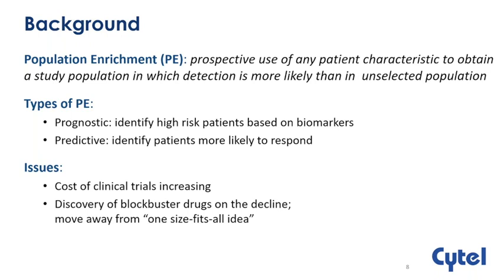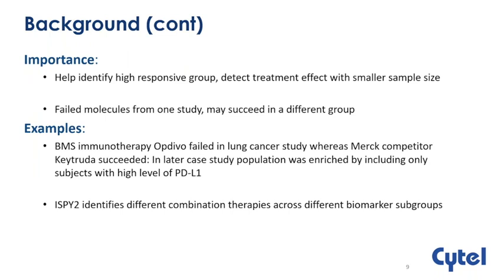The use of population enrichment becomes more and more appealing with the cost of trials increasing, and of course with the discovery of blockbuster drugs on decline, where we're moving now away from the one-size-fits-all idea. So our goal here is to help identify a highly responsive group and detect the treatment effect with a smaller sample size.